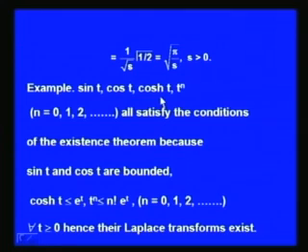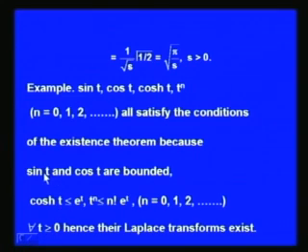And cos hyperbolic t is e to the power t plus e to the power minus t by 2. So, cos hyperbolic t is less than or equal to e to the power t for all t greater than or equal to 0, and t to the power n, when n takes the non-negative integral values 0, 1, 2 and so on, is less than or equal to n factorial into e to the power t for all t greater than or equal to 0.